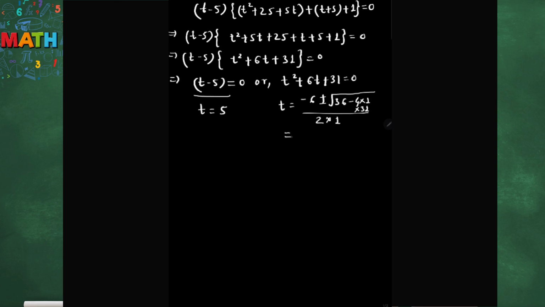So if you simplify it further, minus 6 plus minus under root 36 minus, if you multiply 4 into 31, this is going to become 124, divided by 2.